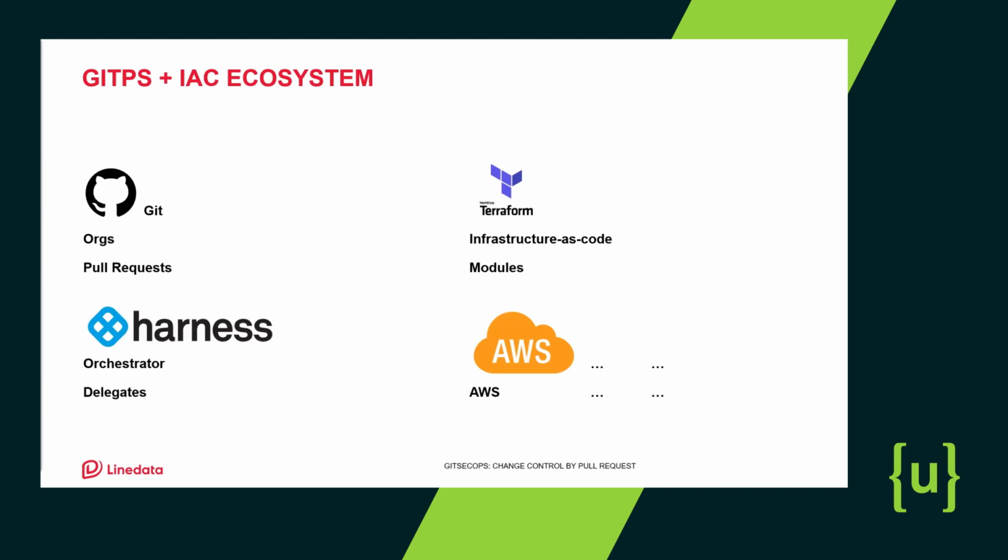We use Terraform to execute our infrastructure as code. Now, the reason that we chose Terraform is because Terraform is declarative, and Terraform maintains that state for you in a state file. And your state file is the observable state of your infrastructure, and then your pull request is that desired state that you want to get to.